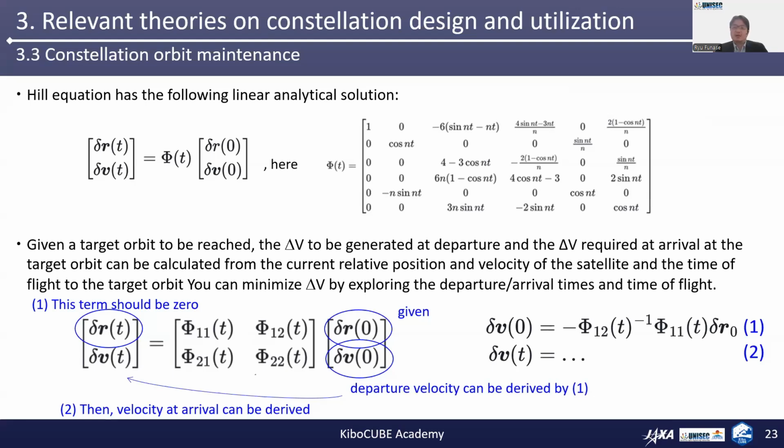Given a target orbit to be reached by orbit correction, the delta V to be generated at departure, and the delta V required at arrival at the target orbit can be calculated from the current relative position and velocity of the satellite and the time of flight to the target orbit. Then, by exploring the departure and arrival times, an orbit correction plan can be developed to achieve the target orbit with the smallest possible delta-v.